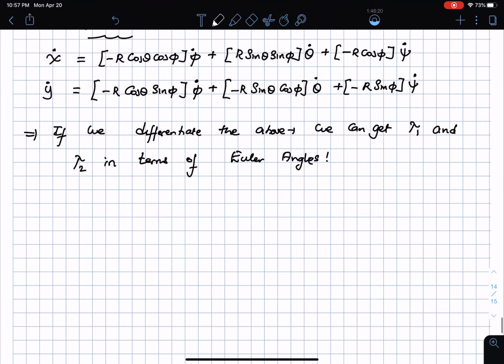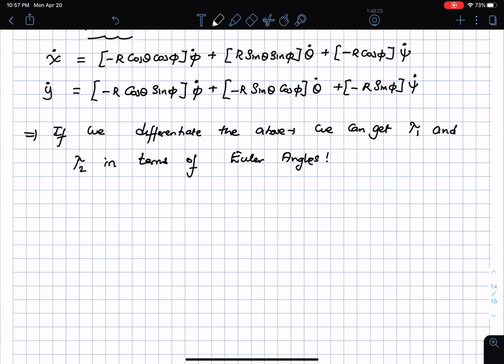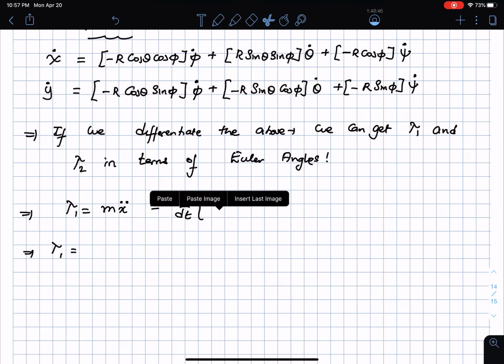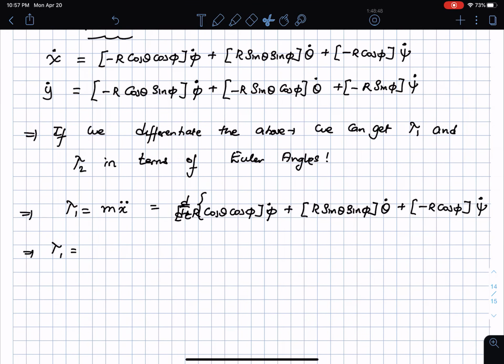So this essentially tells me the following now. This tells me that lambda 1 is m x double dot, which means that lambda 1 is going to be d by dt of that entire expression here. So I'm going to bring that expression in, copy that and paste that here. I guess that's not going to be enough space for me, so I'm going to get rid of some of these.